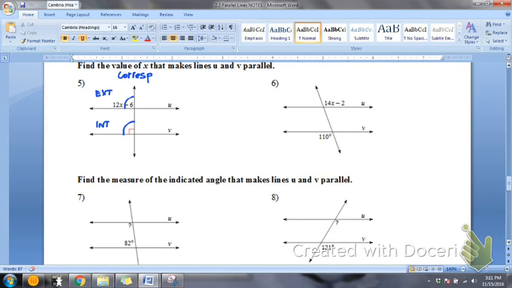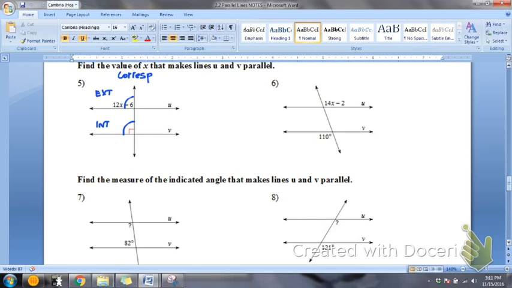And Belinda, corresponding angles are congruent to each other or they equal 180? What'd you write at the top of your page? Okay, so that means we're going to set them what?